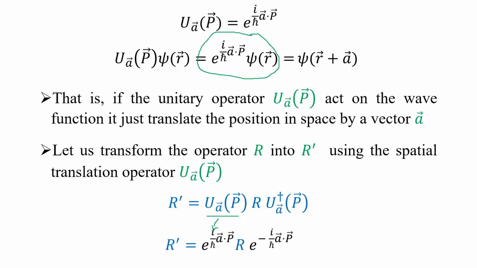Similarly, for U of a dagger, the plus becomes minus, so it is e to the power minus i over h cross a dot p. So now we are changing the operator r into r prime.